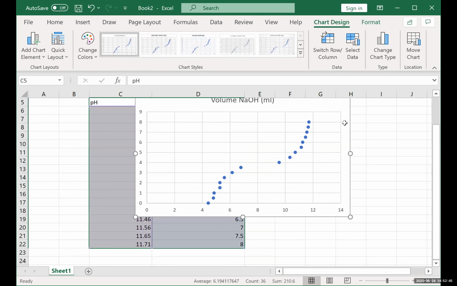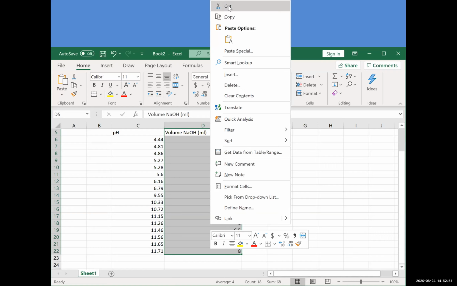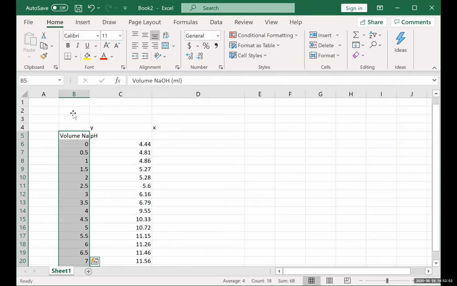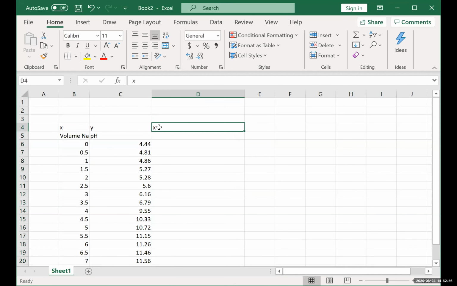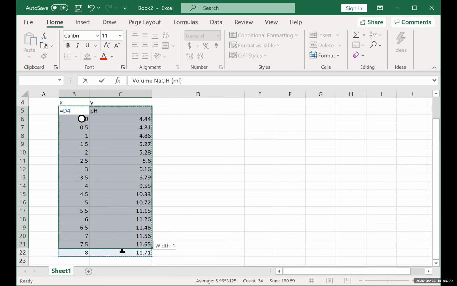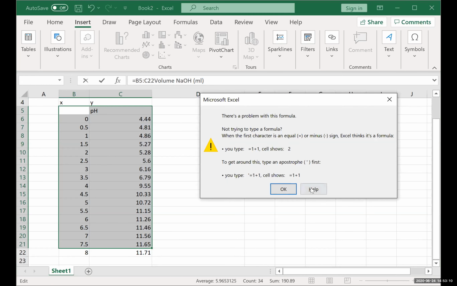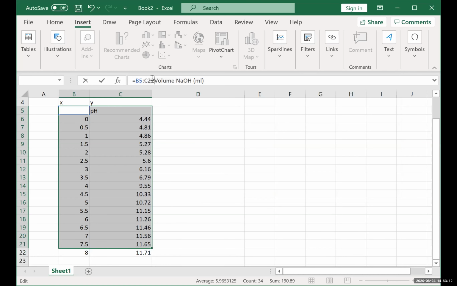Oh, whoops, it's in reverse. Sorry, you want to have your volume on the left. Since we're plotting pH versus volume, one moment, Excel got a little bit confused.